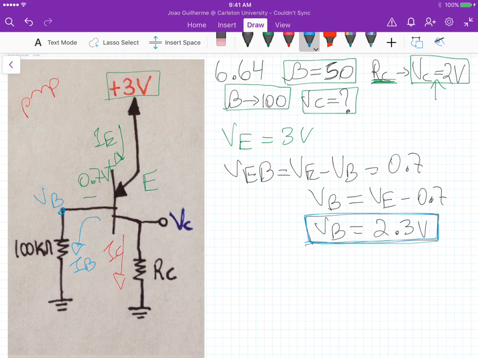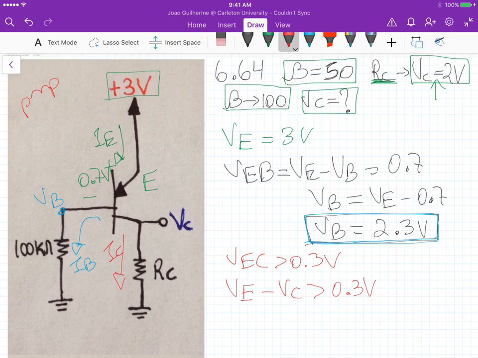Now, a second verification step to actually prove that we are operating in the active mode region is that VEC should be greater than 0.3 volts. Because we are forcing VC to be 2 volts, this condition is satisfied, because we get VE minus VC.